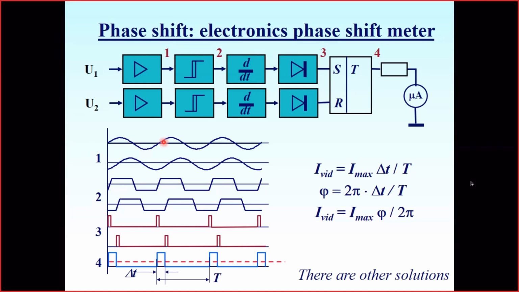So the original signal is transformed with a comparator into a rectangular signal, which switches from low level to high level every time the signal overgrows the synchronization level, and switches back to the low level when our signal drops below the synchronization level.